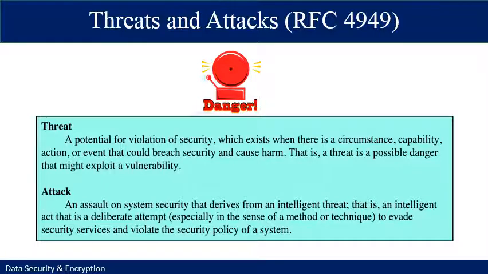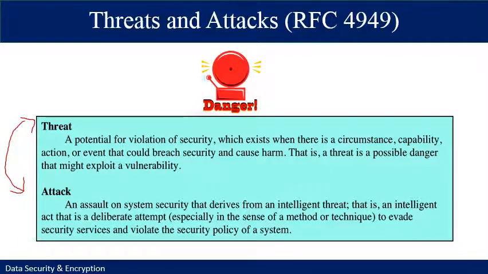However, the definitions are provided here. A threat is a potential violation of security, while an attack is an assault on system security. That means a threat is like a program and an attack is like a process. If you remember the definitions of a program and a process, you can draw the resemblance here from program to process.